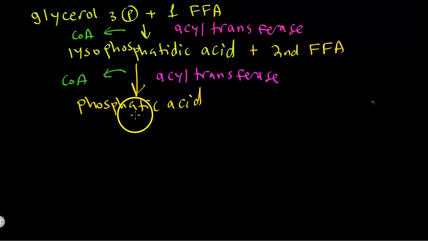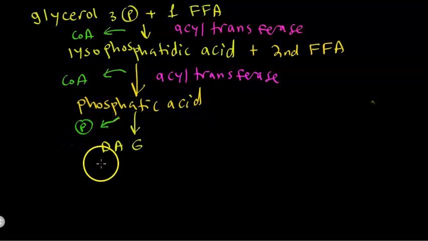In the next step, we're going to convert that phosphatidic acid into diacylglyceride by actually removing a phosphate. So we're going to get rid of a phosphate group, and the enzyme responsible for this reaction is the phosphatase, specifically phosphatidic phosphatase.